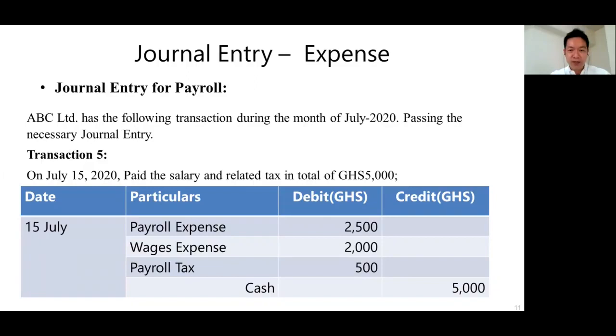For example, payroll expense 2,500 Ghana cedi, wage expense 2,000 Ghana cedi and payroll tax 500, in total 5,000. And then it is paid by cash. So the cash was decreased, so it should be recorded in the credit side.